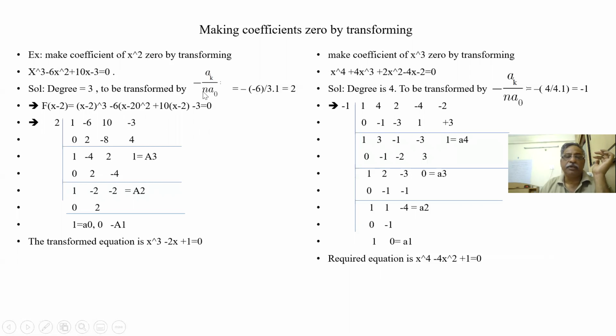N is the degree of the equation, a0 is the leading coefficient. So here ak is -6, degree is 3, and coefficient of x cubed is 1. So minus of -6 by 3 into 1. So this is 2. I have to translate by 2. So I have to put x minus 2.